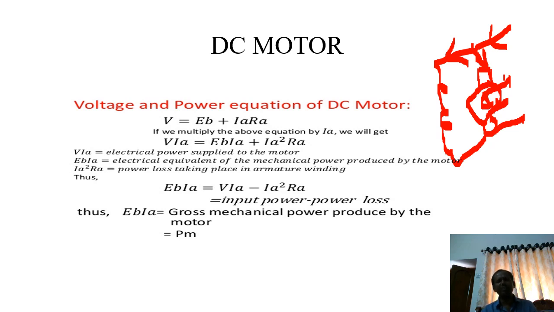In case of the DC generator, V is equal to EB minus IaRa. If we multiply the above equation by the armature current Ia, we will get a change in the equation. When we consider the DC motor with series field, this is your equation.